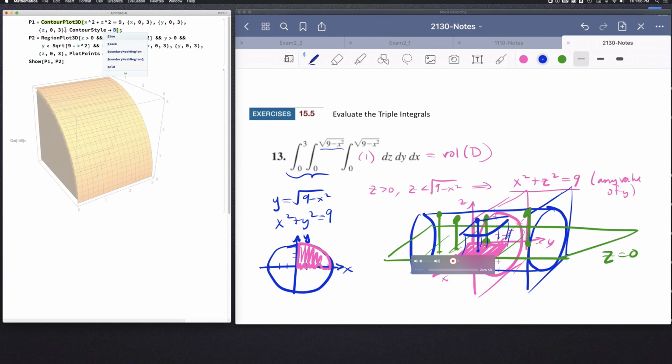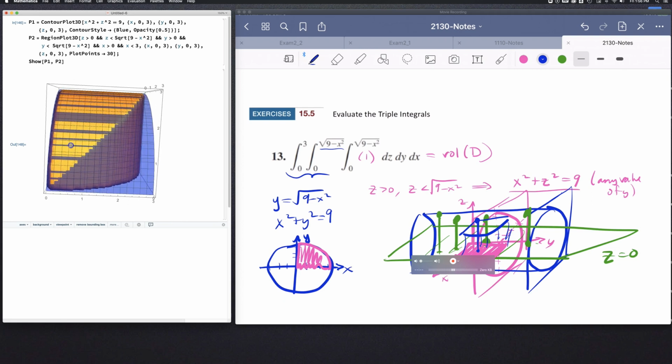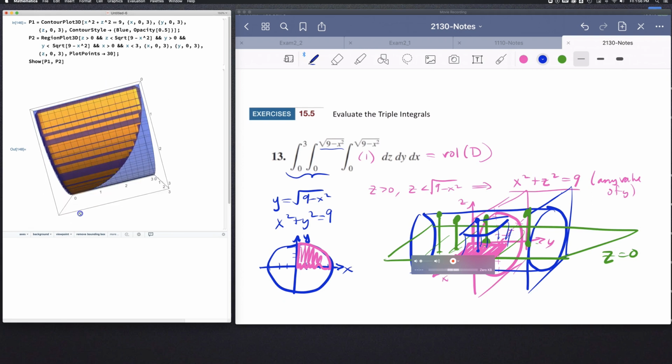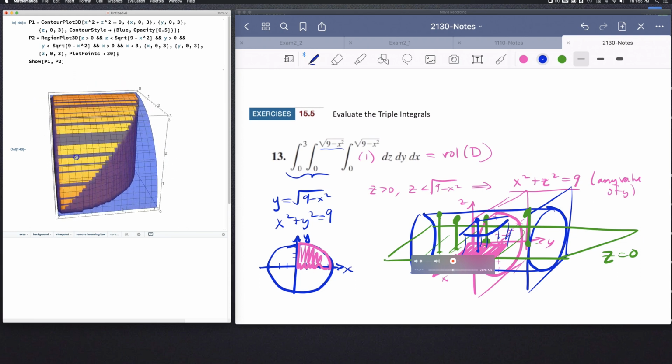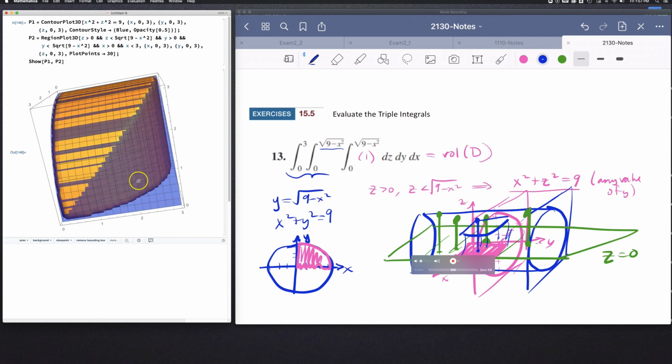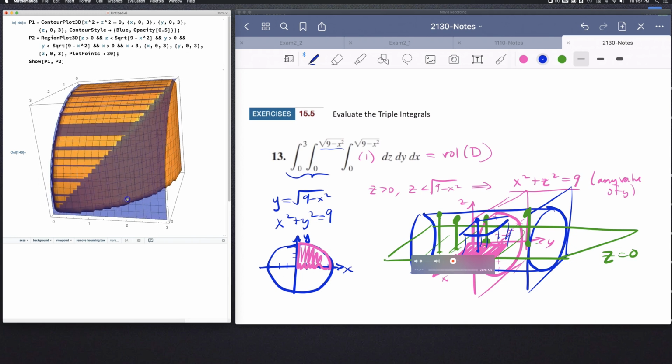Let's make it blue, and let's make the opacity so you can actually see through it. All right, so there we are. There's our cylinder, and we are looking at the volume below the cylinder but above that semicircular region. And so we can see that this orange region fits right nicely inside of that cylinder, the blue region.